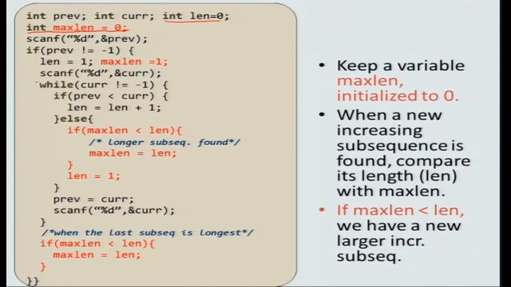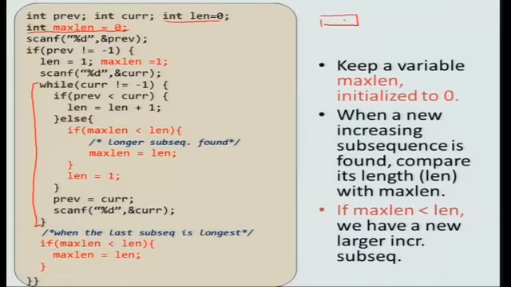So here is the main body of the loop, and what we need to do is the following. If the currently read number is greater than the previous number, we extend the sequence. So this logic is the same as before. Okay. Otherwise, which means that the current number is less than or equal to previous, so we are starting a new sequence.